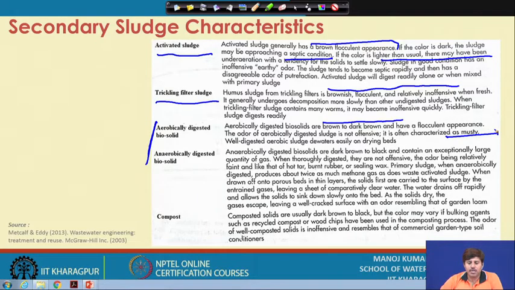Then there are anaerobically digested biosolids. When we digest the biosolids anaerobically, which is probably one of the more popular approaches for digestion of the sludge, okay, it will be dark brown or black, because it is done in anaerobic, septic conditions, and it may contain a large quantity of gas in it.